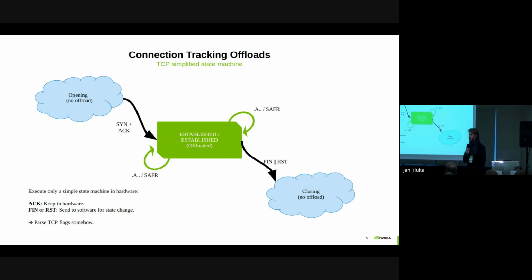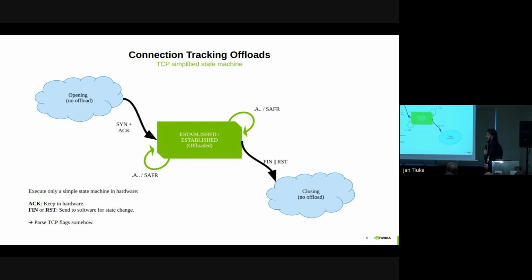Now, considering that we have selected the state for which an offload exists in hardware, we can execute a much simplified TCP state machine. So we rely on the software to execute the opening sequence. And then upon receiving the SYN-ACK packet, we actually install the hardware rule. And while in hardware, we simply process or match on the TCP flags to verify that it is still valid to remain in hardware.